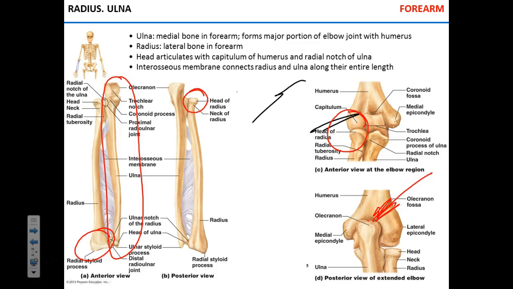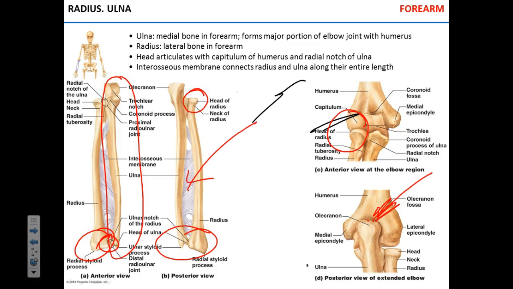Does that make sense? Now, the ulna and radius form joints actually. The radio-ulnar joint, the distal radio-ulnar joint here. It's not a freely movable joint, but there's a pretty good degree of movement there, due to the interosseous membrane.